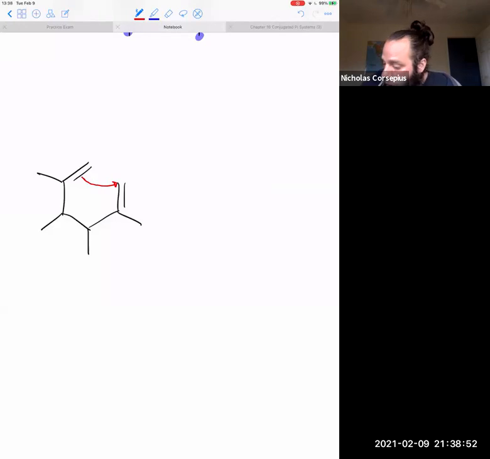Notice the tail of my arrow is at a pair of electrons, like it always has to be. The head of my arrow is at the atom that's going to be accepting those electrons. And again, because this is a sigmatropic reaction, I can't go wrong if my first step is to close that gap, meaning to jump across the gap in my ring.